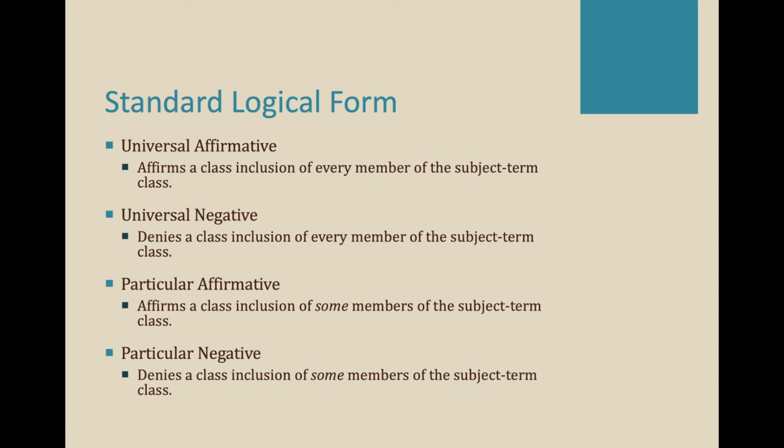And then we have particular affirmative. So we're saying, in effect, some members of the subject term class are also included in the predicate term class. And when we have a particular negative, we say some members of the subject term class are not included in the predicate term class. So here's the way that we express that in standard logical form.